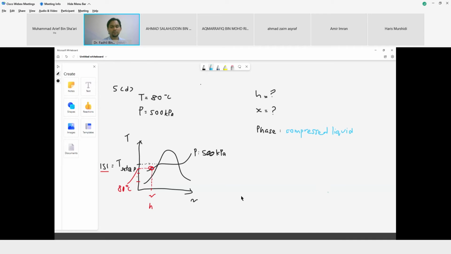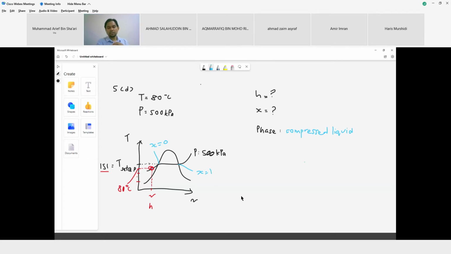And then what else? X. Berapakah nilai X? We have learned just now, at this point, the value of X equal to 0. And this point, the X is 1. Okay.